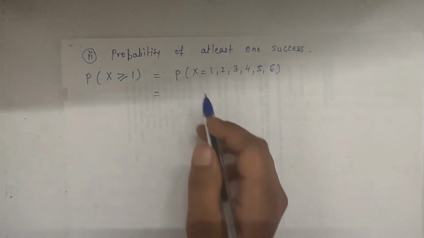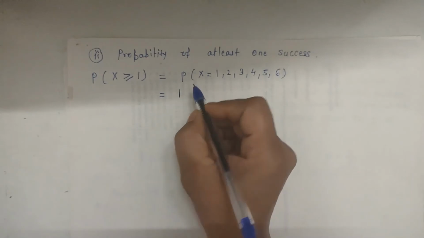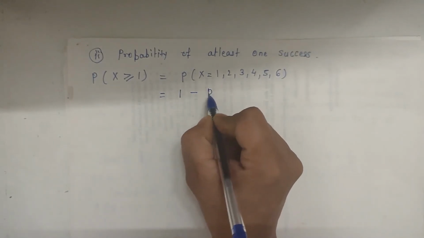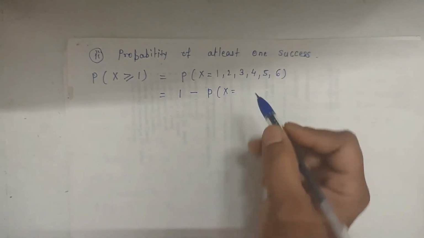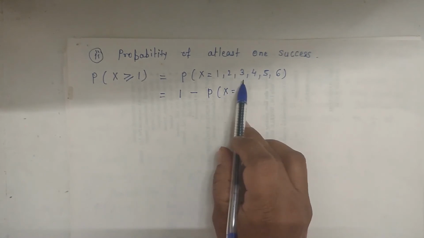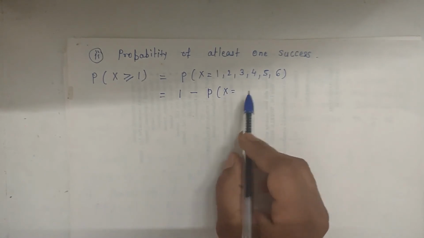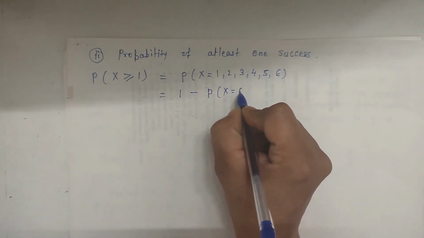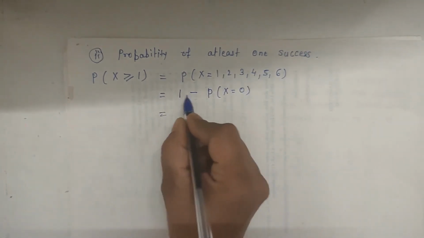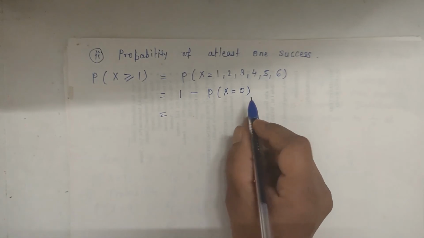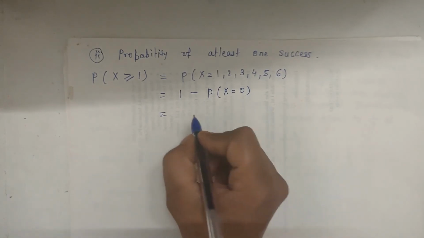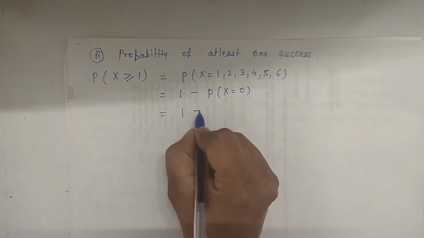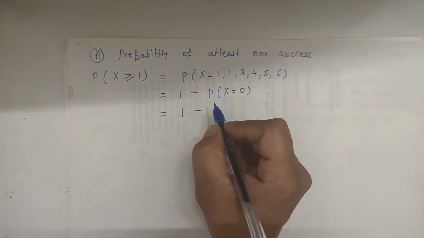It can be found using the total probability minus the probability for X equal to the remaining values of X. Here the remaining value of X is 0. So 1 minus the probability of X is equal to 0, and this probability can be found using binomial distribution.